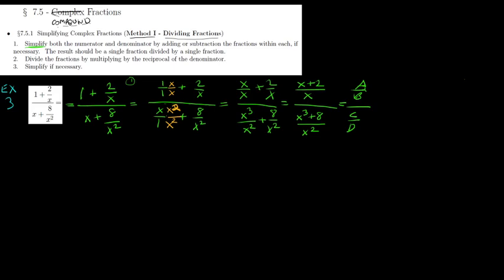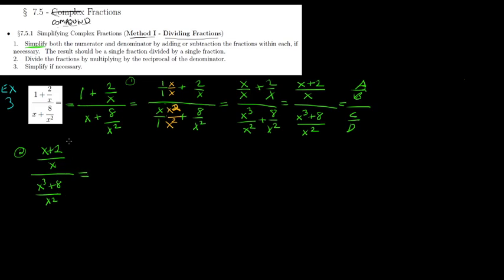So you notice I got rid of the a over b over c over d here, because now we move on to step 2. So let me just copy this down here. We have x plus 2 over x cubed plus 8 divided by x squared. So a over b over c over d.